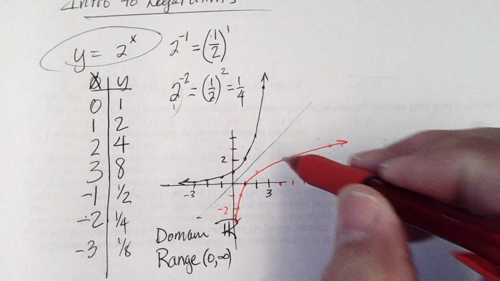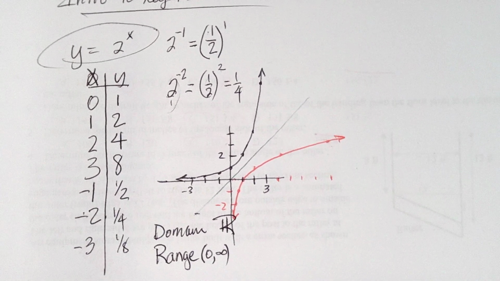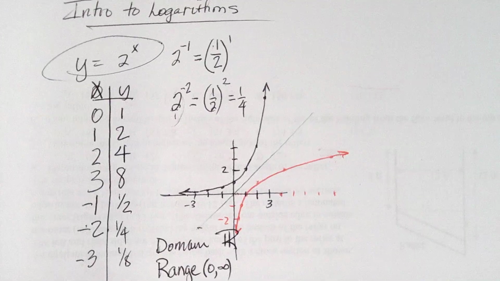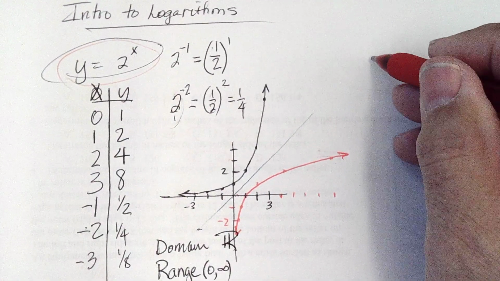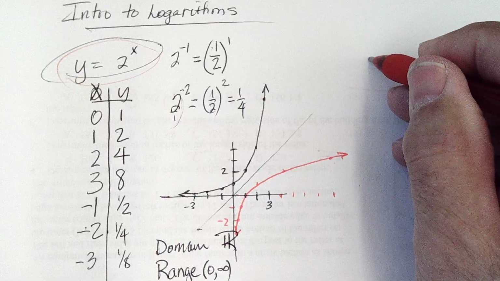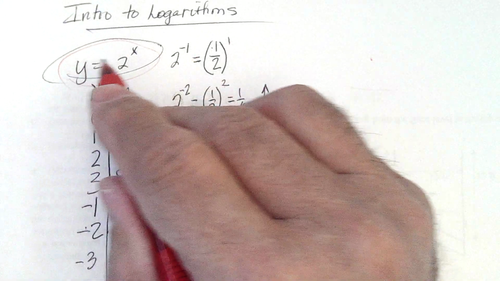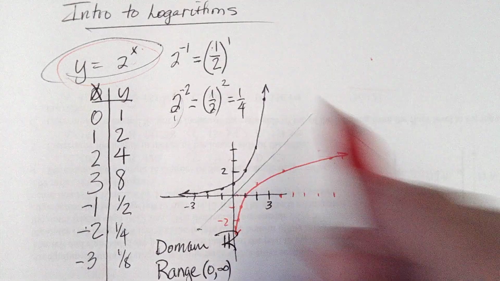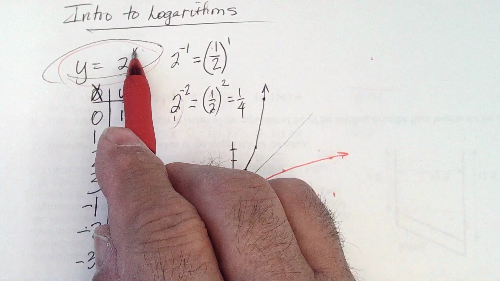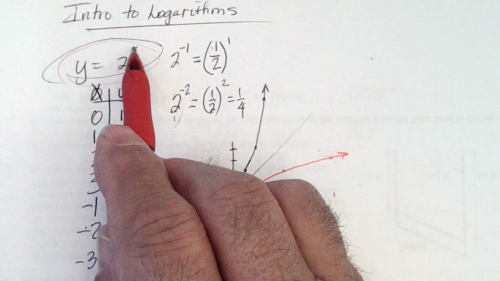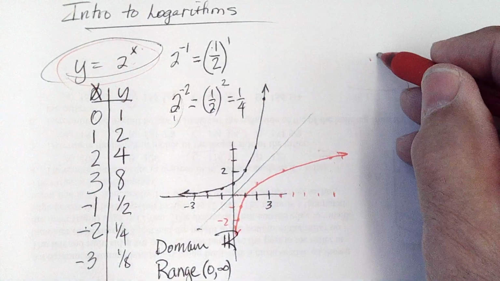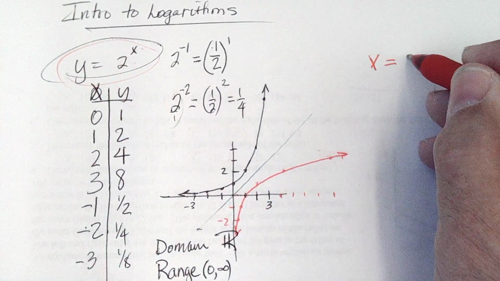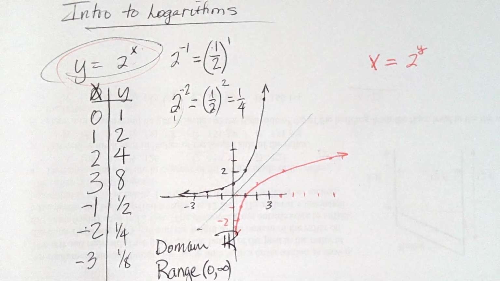So what's the equation of this? Let's solve for x in this. So instead of y equals 2 to the x, to find the inverse, remember back when we did these before, we changed the x's to y's and the y's to x's. So I go x equals 2 to the y.